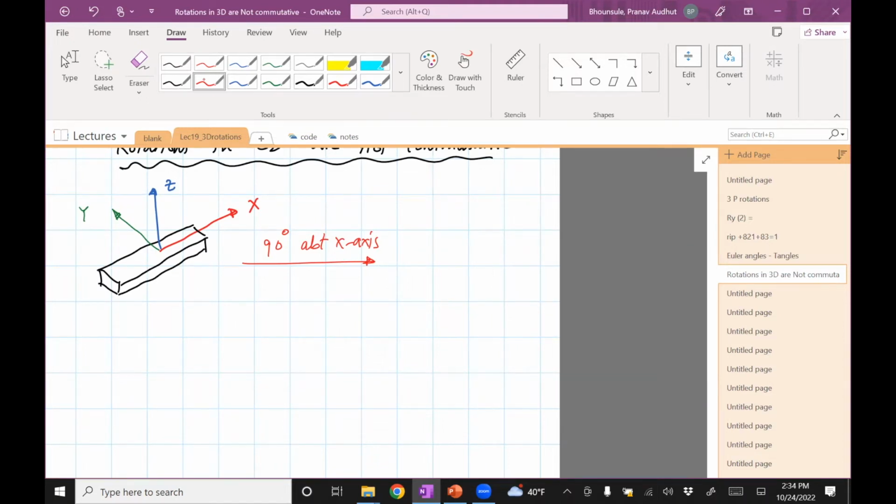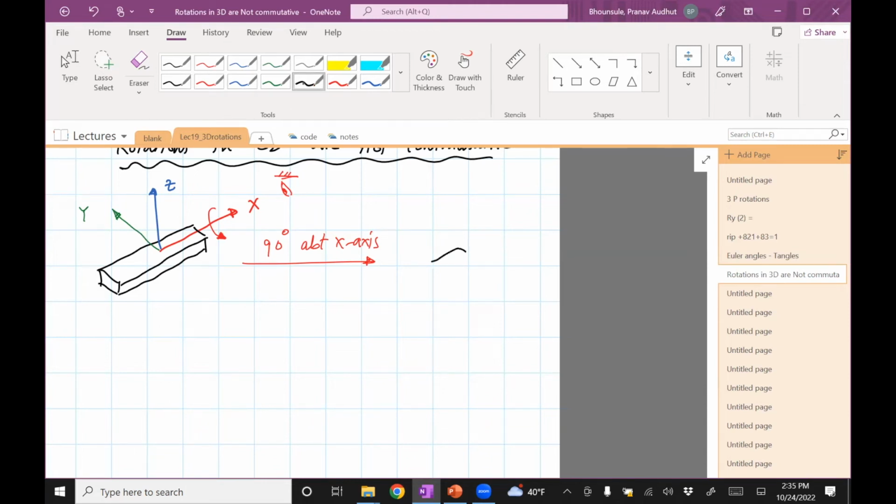That will give you the direction which you need to rotate the object. So if you're looking from the positive x-axis, you need to curl the fingers of your right hand along this axis, and your thumb is pointing towards the x.